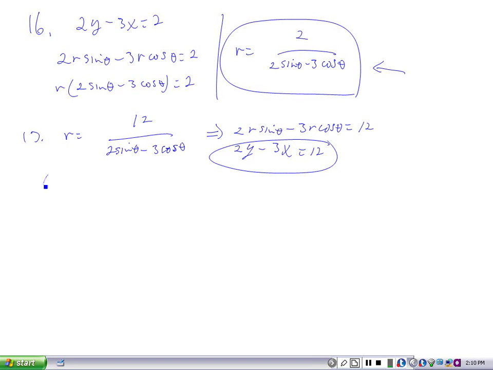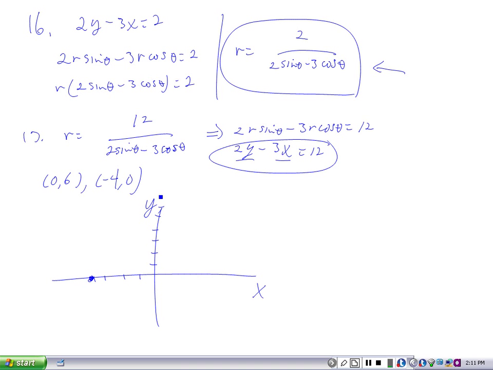So let's plot a couple of points. I always try to get the intercepts if I can. Let x equal to 0, so y is equal to 6. Then let y equal to 0 and x is equal to negative 4. So x equal to negative 4, 1, 2, 3, 4. And y is equal to 6, 1, 2, 3, 4, 5, 6.